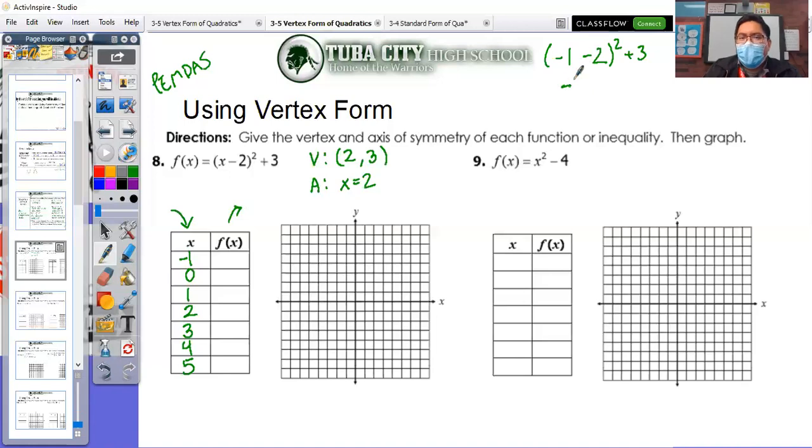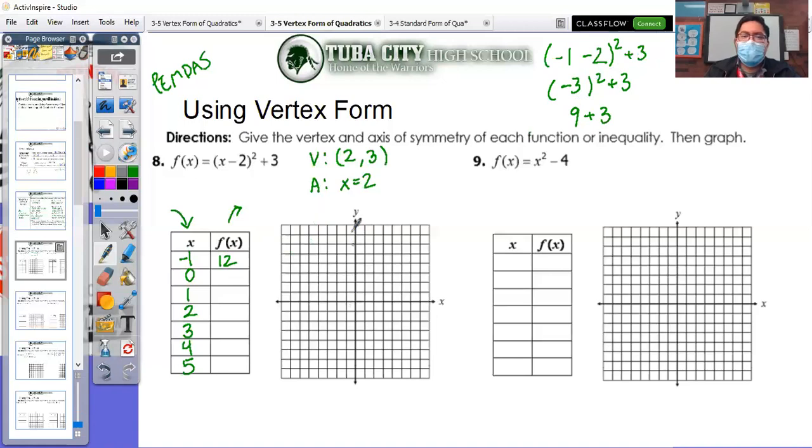So -1 and -2, put them together, you get -3. Now I have to square this. So if I square -3, that's the same as multiplying -3 times -3. Negative times negative is positive, so I get 9. And the 3 is still there, didn't go anywhere, didn't come from anywhere, so I just get 12.